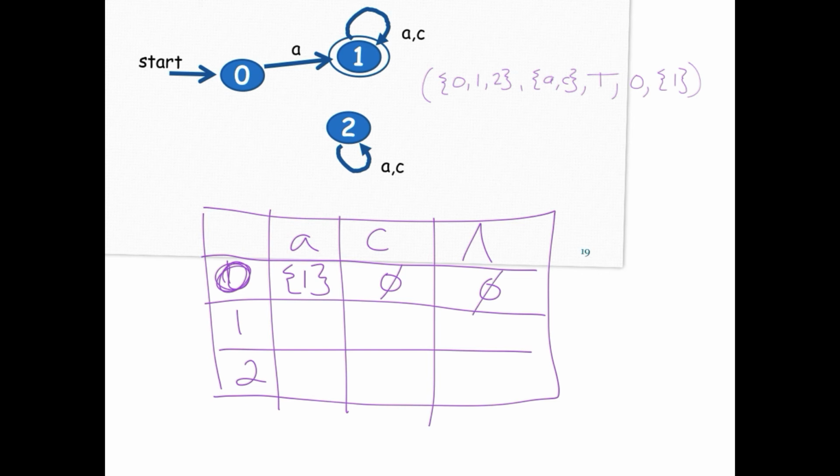In fact, if I look, I don't see any lambda transitions here, so I'm just going to fill that in right now. If I'm in state 1 on A and C, I stay at 1. And if I'm in state 2, on A and C, I stay at 2. All right, so T equals.